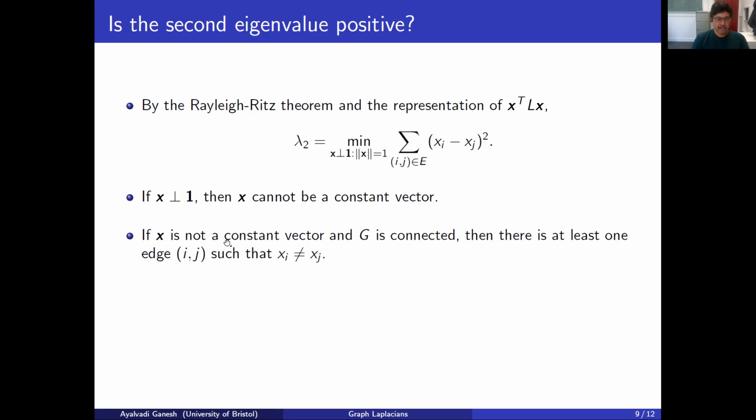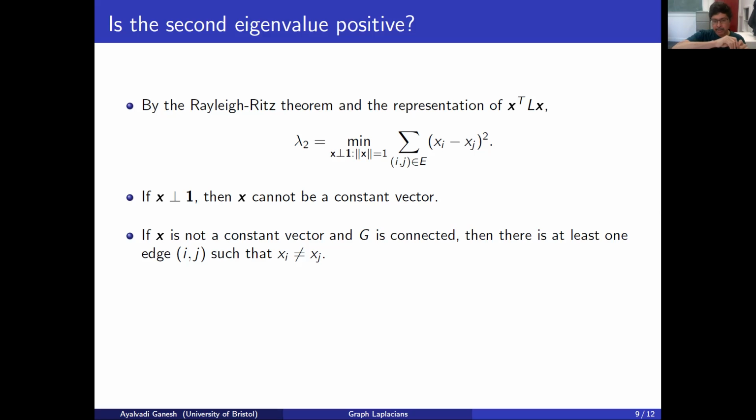Okay, now if x is not a constant vector, and if the graph G is connected, then I claim there's at least one edge along which xi is not the same as xj, so that at the endpoints of this edge, the values are different. So let's think about why that is true. x is not a constant vector, so there is some vertex u and some vertex v such that xu is different from xv. Okay, and the graph is connected, so there's a path between u and v.